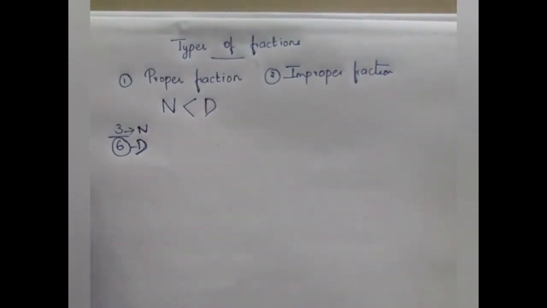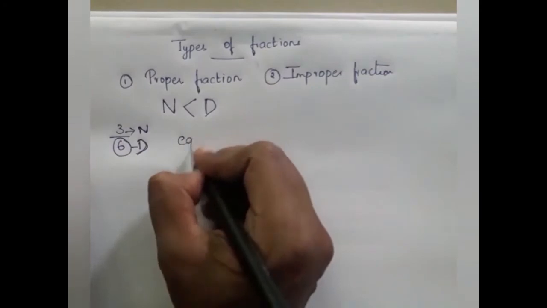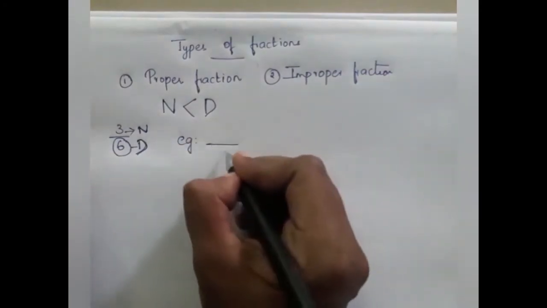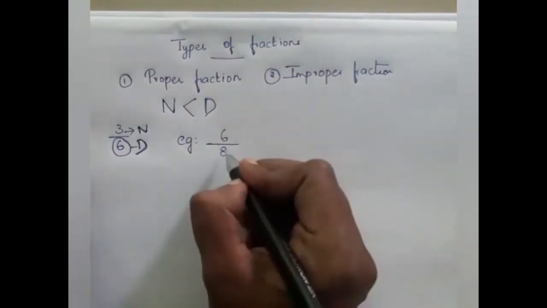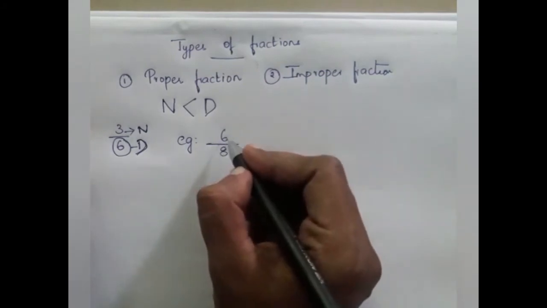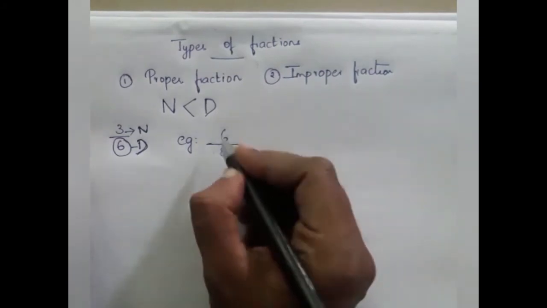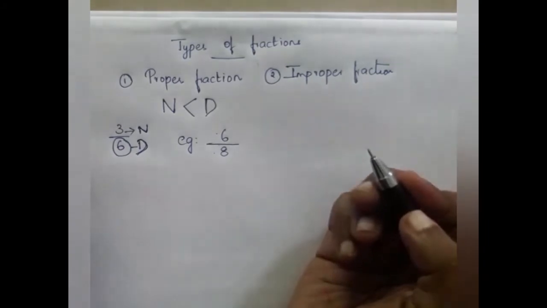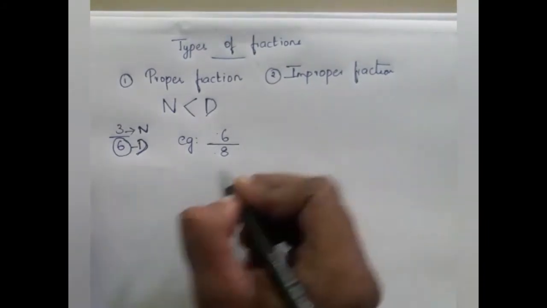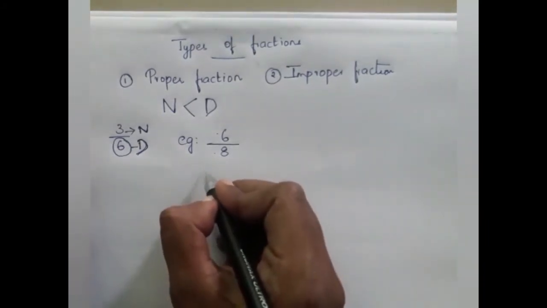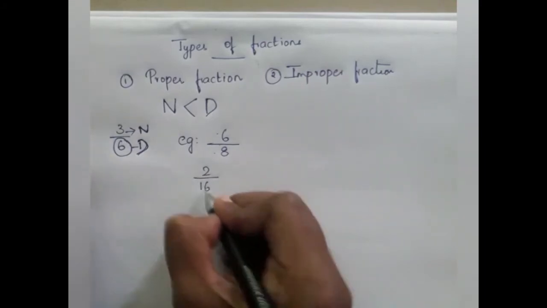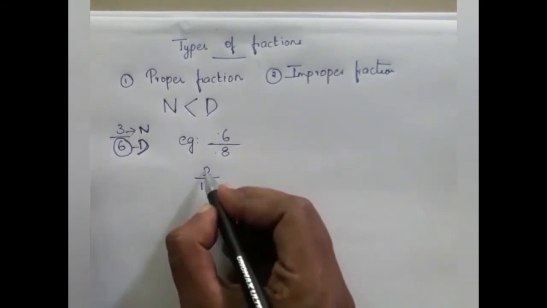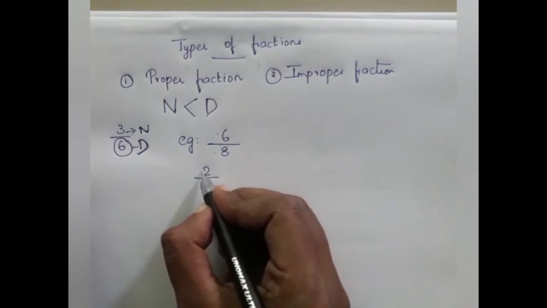For example, 6/8. Here the denominator is 8 and the numerator is 6. Denominator is greater than the numerator. Another example for proper fraction is 2/16. Here the denominator is greater than the numerator.